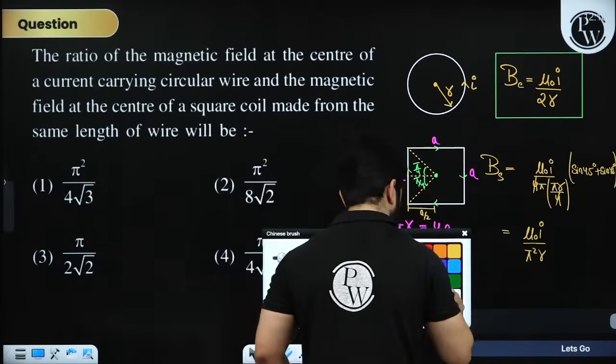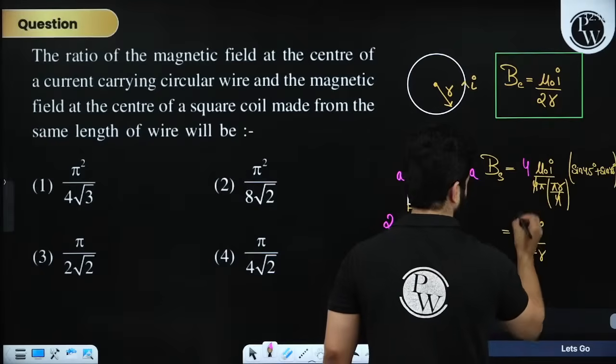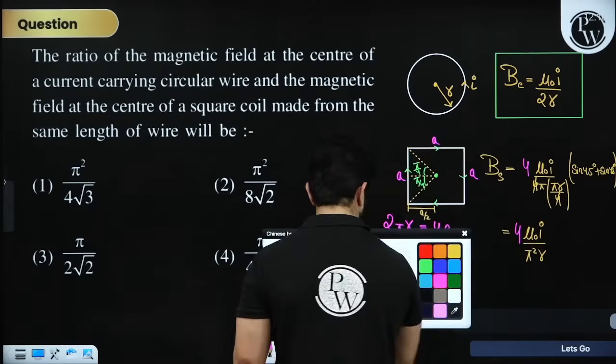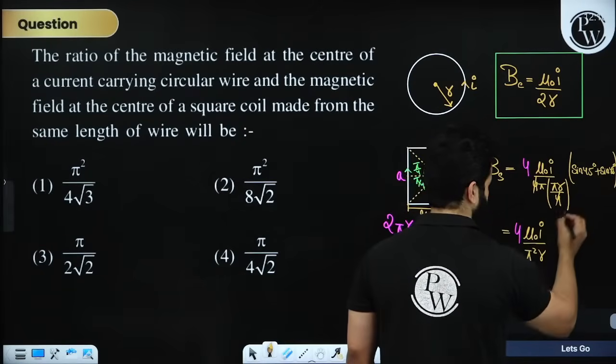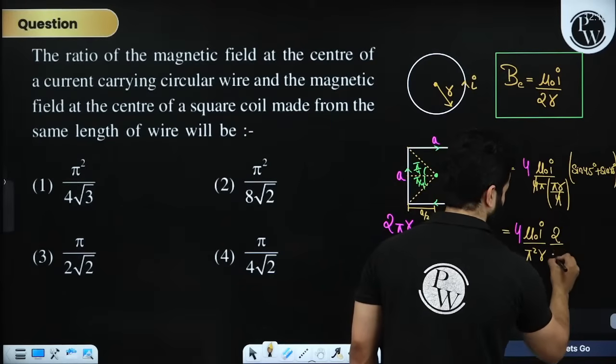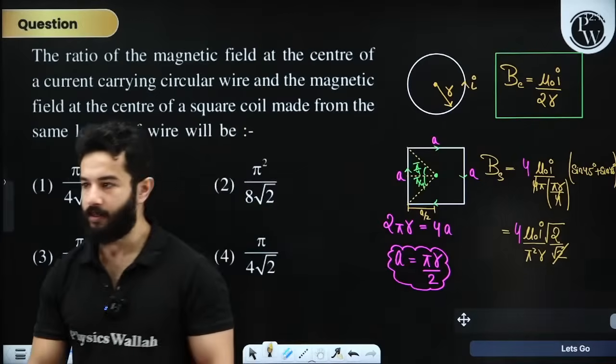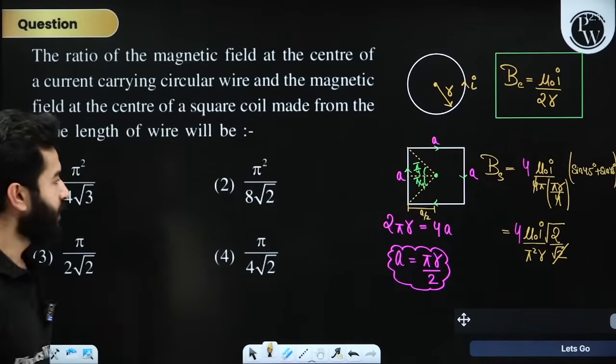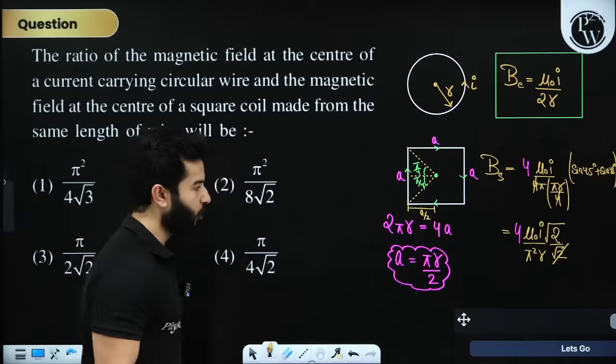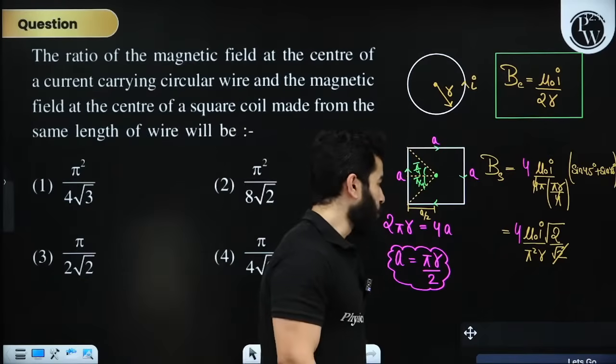So let me multiply everything with 4, and then over here I am getting 2 upon root 2, which I can rewrite as 4 mu naught I root 2 upon pi square R.